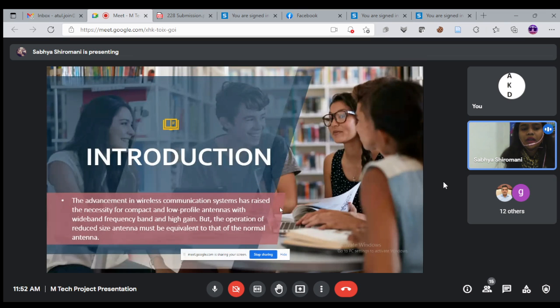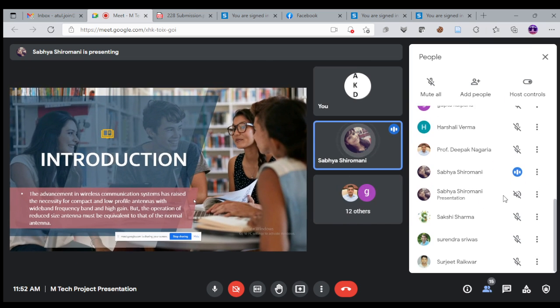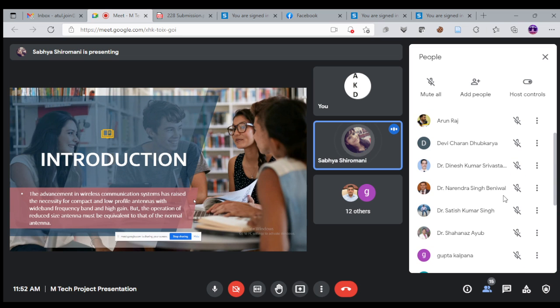Here I want to go with the introduction of my topic. In today's scenario in wireless communication systems, there is a great requirement for low profile and handy antennas which carry high bandwidth, wide bandwidth and high gain as well.